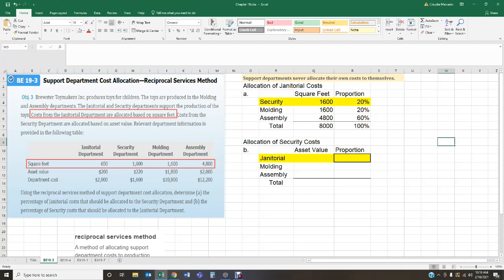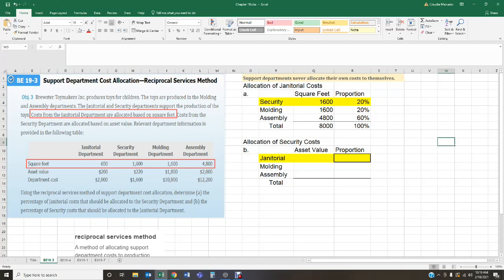We allocate our costs to other departments. So whatever I spend on my department, which is the janitorial services, it's because I used up my time and my resources to clean the security department, the molding department, and the assembly department. My job is to support their departments so they can get the job done, okay?